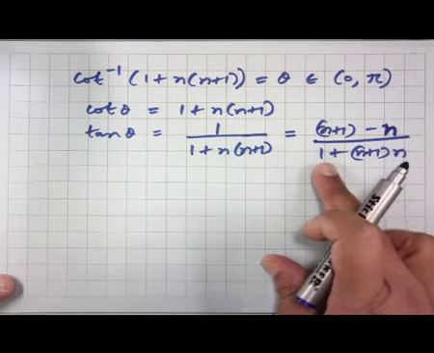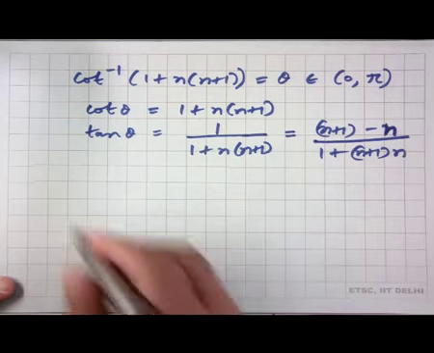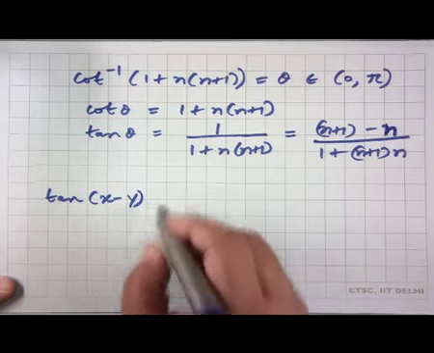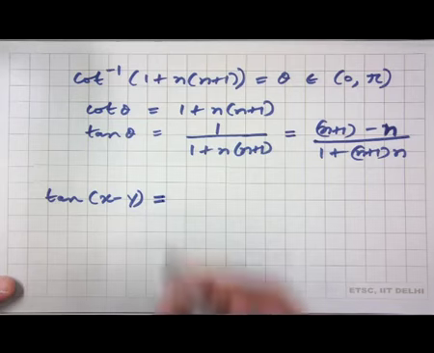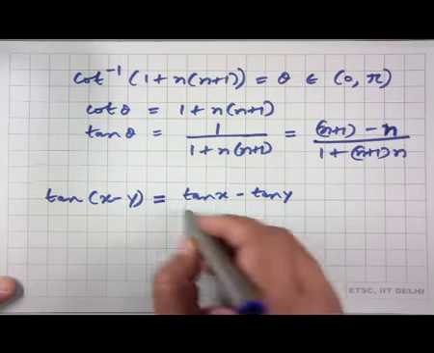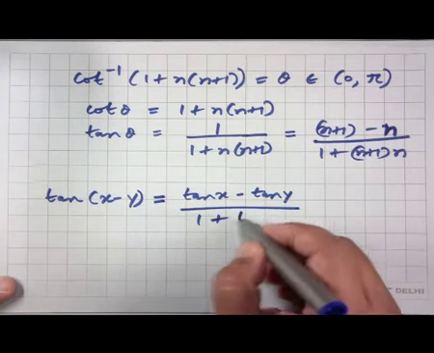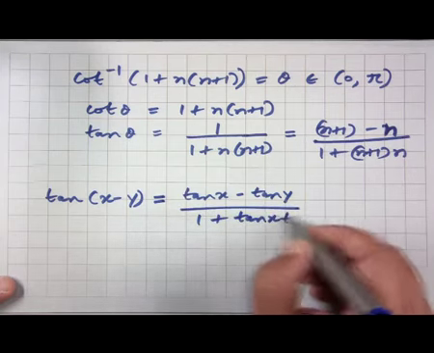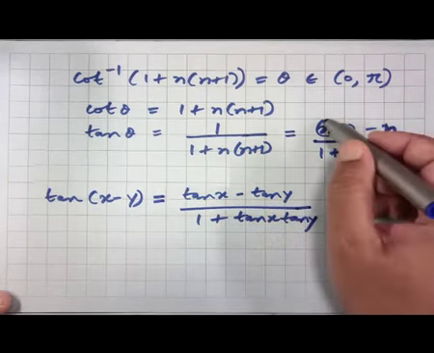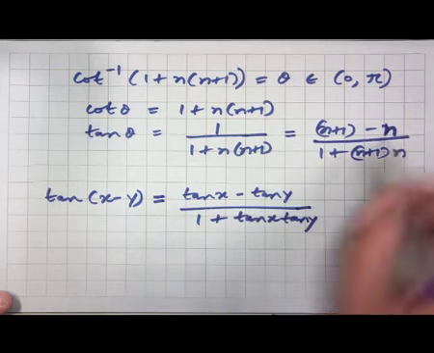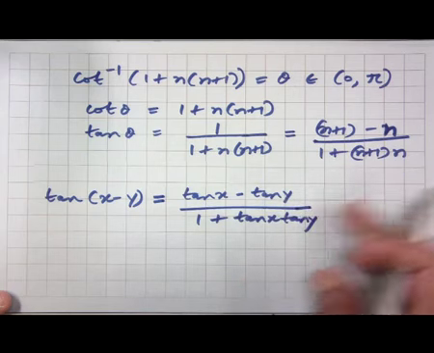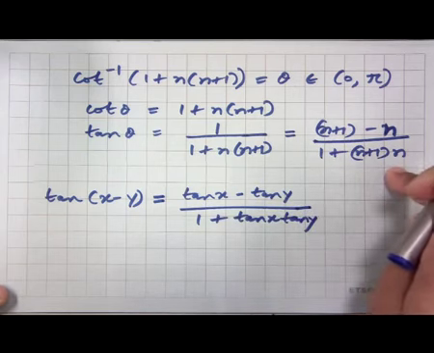So, this expression reminds us of the formula tan of x minus y equals tan x minus tan y over 1 plus tan x tan y. Here essentially n plus 1 is tan x, n is equal to tan y, and if we use that substitution, then we basically get this expression here.